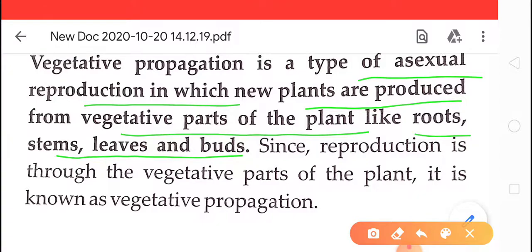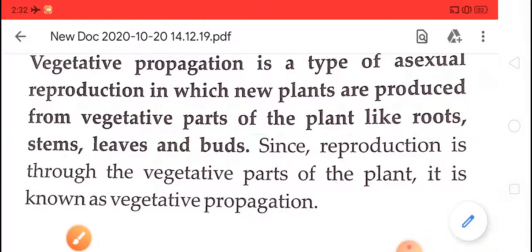This is the method of asexual reproduction called vegetative propagation. I repeat once again, in vegetative propagation, from parts like roots, stems, leaves and buds, the new plant can grow and develop.